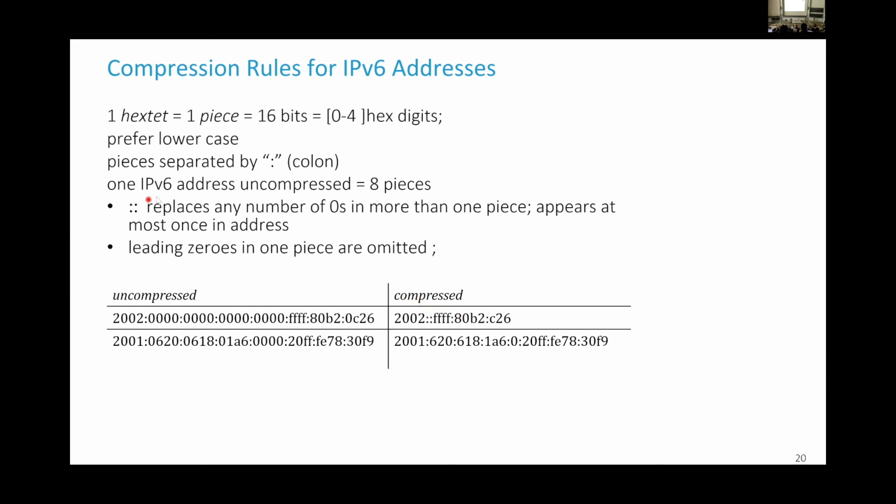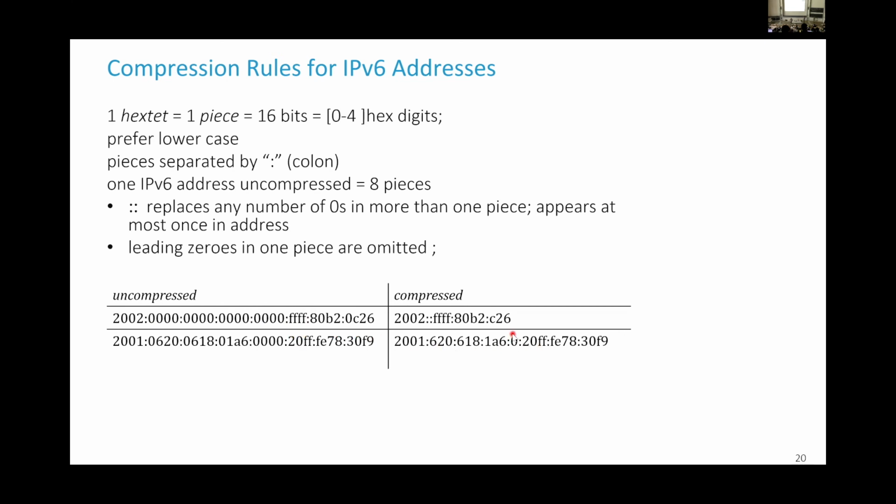So this double column replaces some number of 0s, but it can appear only once because if it appears twice, you don't know how to split between the two blocks. So for example, this address here could be written in this simpler form on the right. So those are the compression rules for IPv6 addresses.